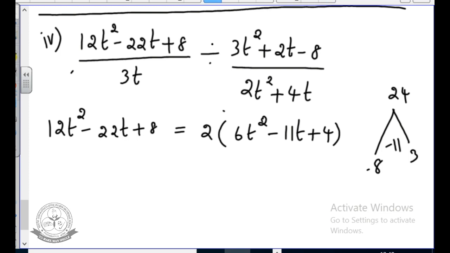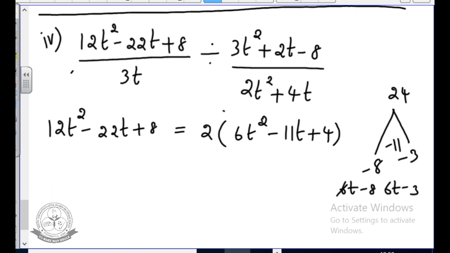For this, both numbers should be negative. So if we multiply these two, we will get plus 24, and if we add these two, we will get minus 11. Here the coefficient of t squared is 6. So how can we write it? 6 minus 8, 6 minus 3.